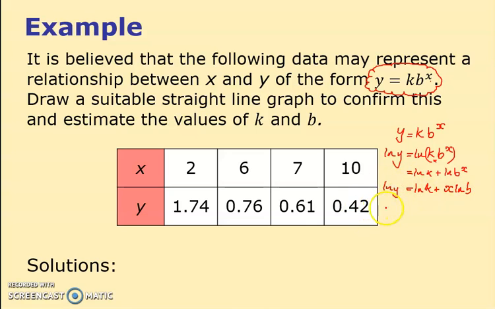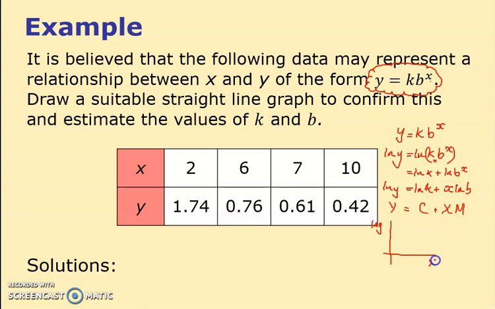Now that's more or less it, apart from we just line these up. Y is lined up against y. The log k, well that's actually the c again. This is the x and this is the m. What this means is that my graph is going to look like this. I'm going to plot log y on this axis, but I'm not going to plot it on that axis.